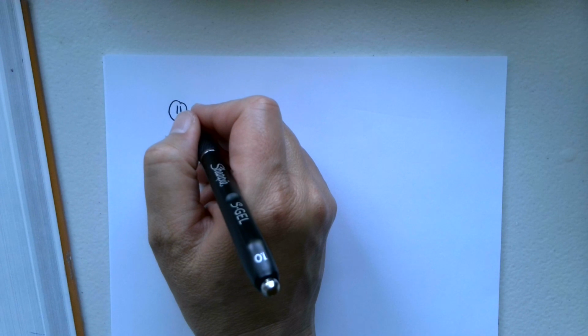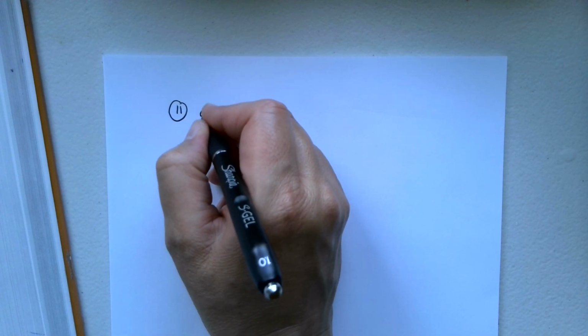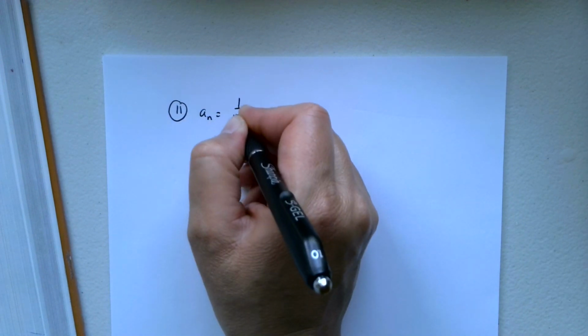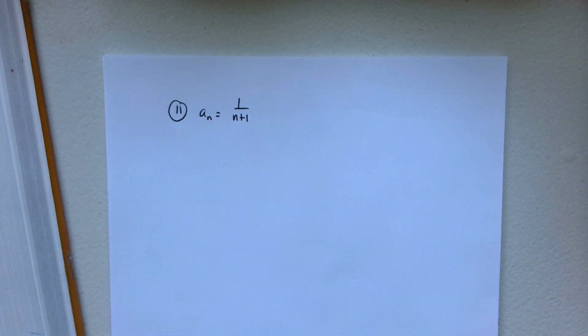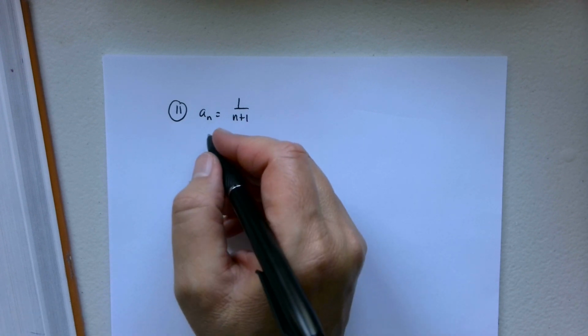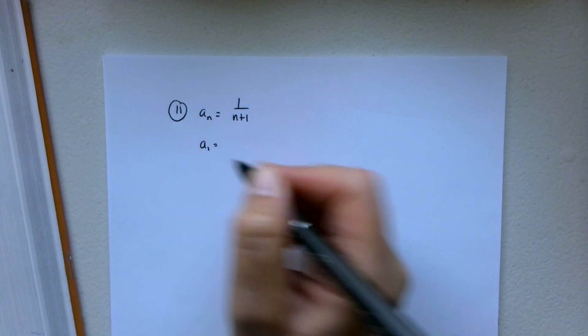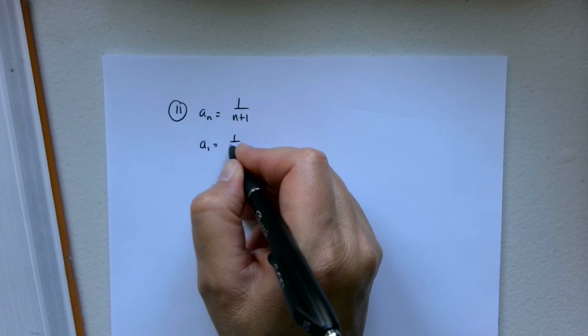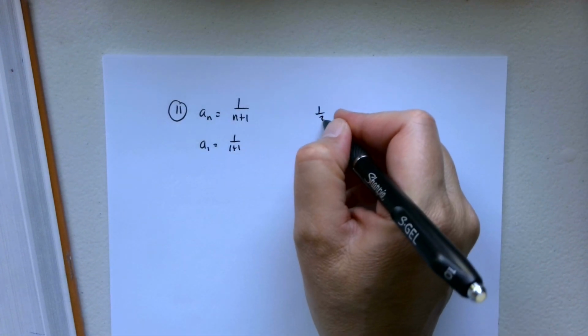If we look a little further down the page at number 11, we have an explicit formula like we talked about last week. Directions are: write the first 5 terms of the sequence. Determine whether or not the sequence is arithmetic. If it is, find the common difference. Assume n begins with 1. So our first term, we would put 1 in, and we're going to get 1/2.